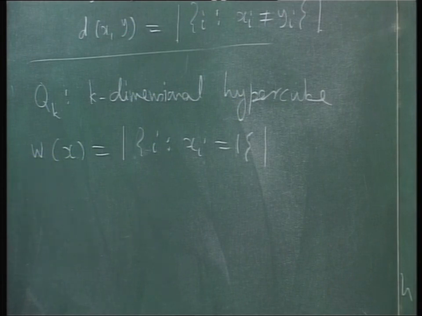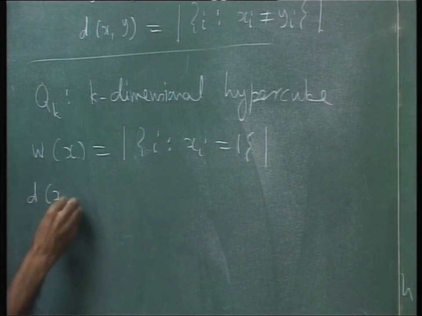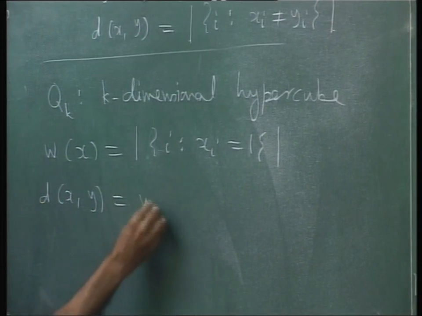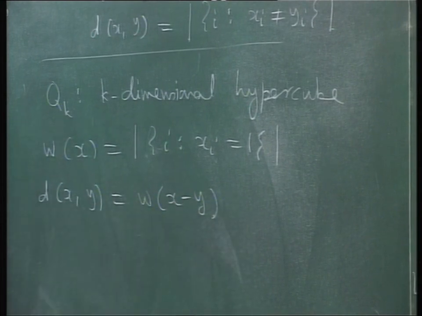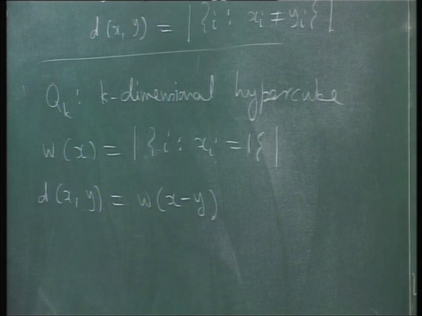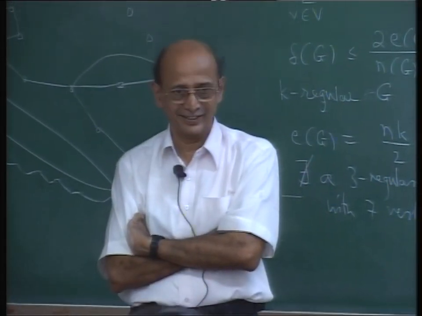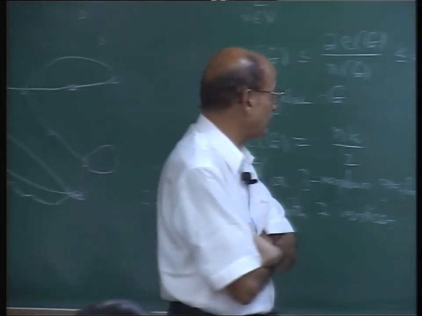So the distance between x and y is nothing but the weight of x minus y, where all the calculations are done modulo 2. 0 minus 1 is equal to 1. 1 minus 1 is equal to 0, of course. Is that clear?